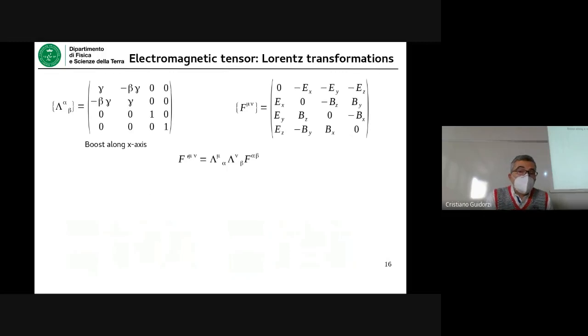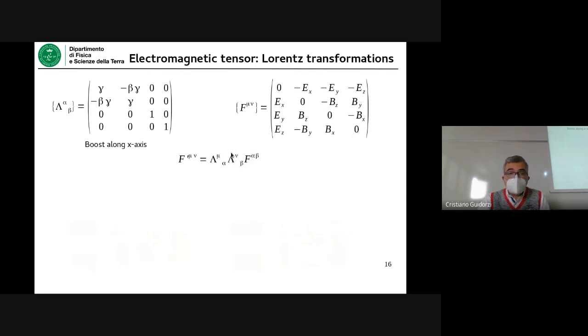What are you expected to do? Well, you know that. For example, here I wrote its contravariant components. So you just have to apply twice the Lorentz transformation, for each of the indices, following the rules that we already saw. In particular, you can apply just the rules of matrix multiplication, making sure that, of course, you follow the right order.